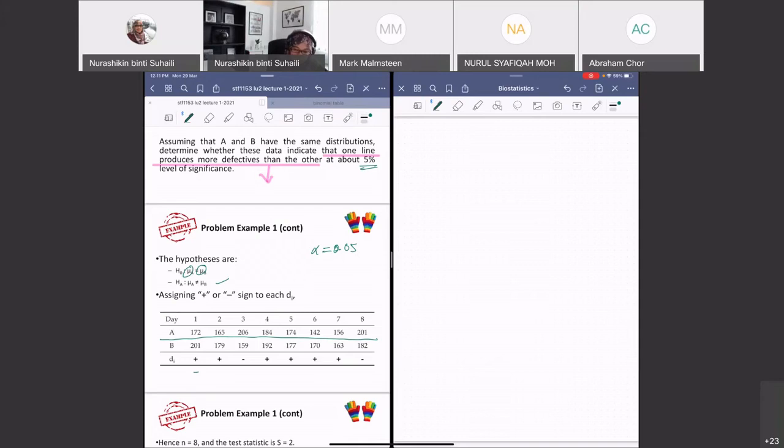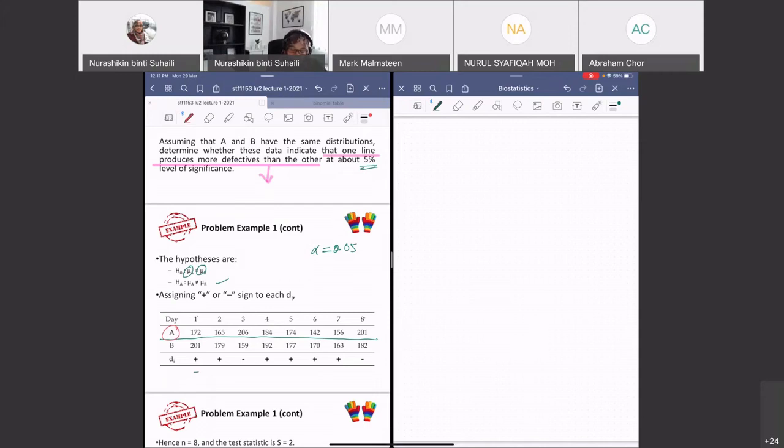If you choose A as the point of your comparison, 172 is less than 201, so you assign this one as negative. You have to be consistent throughout the observations, meaning that from day 1 until day 8, you stick with A as the point where you compare, so that the signs will not be mixed up.